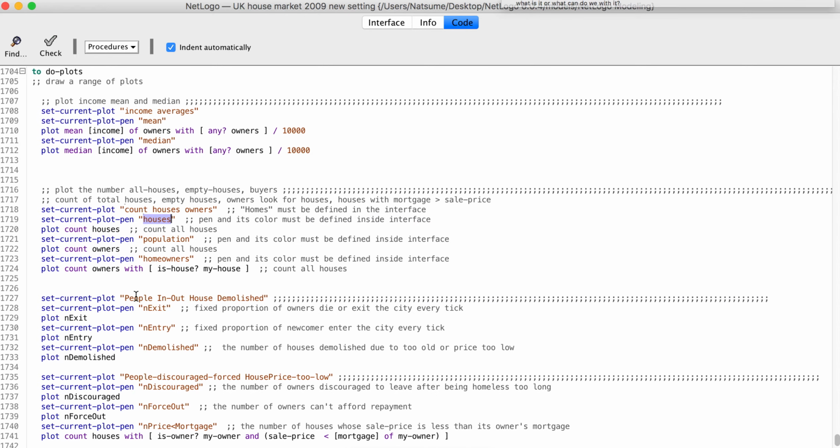Okay, and there's another plot named people in and house demolished. There are three lines to be plotted. One line counts at each tick how many people exit the city. Another line plots how many people enter the city, and the third line plots how many houses have been demolished.